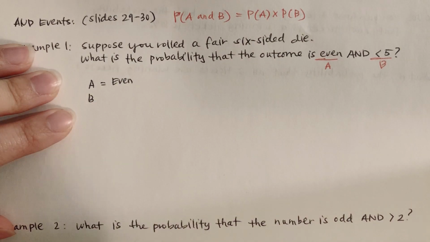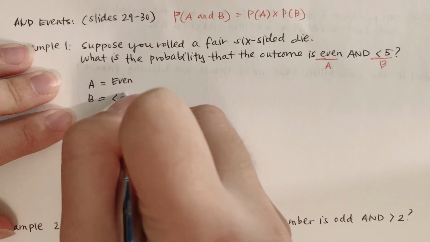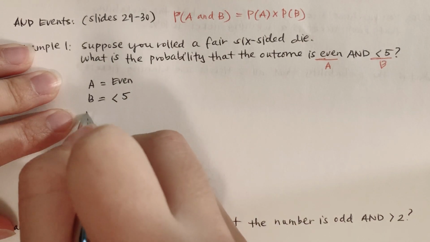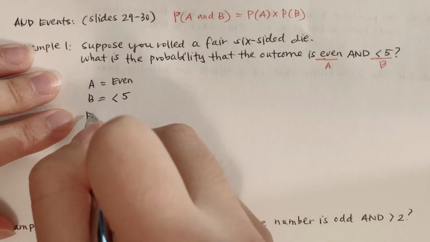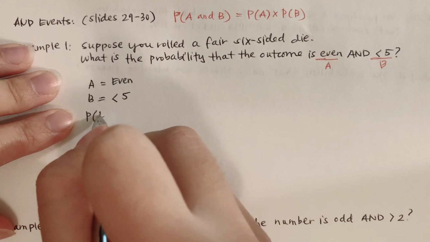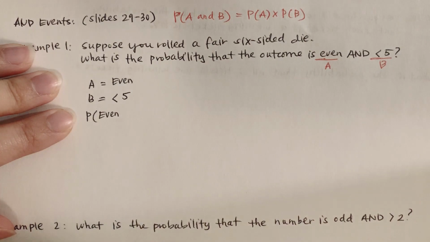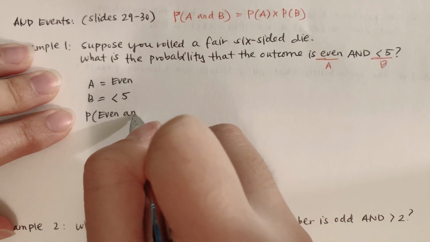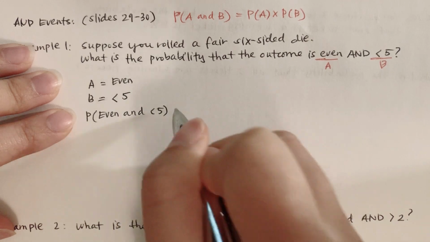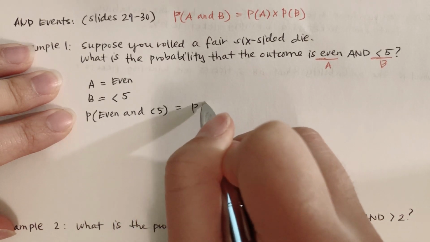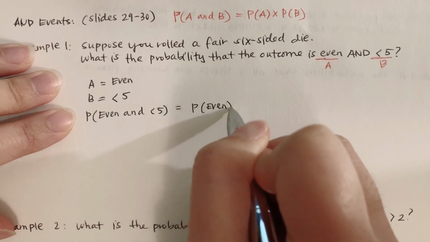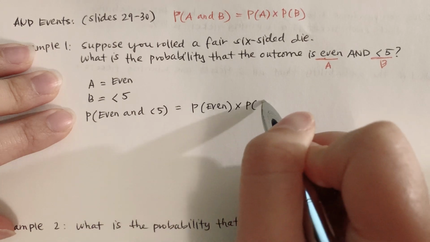Let's call B the event that the number is less than 5. Then plugging in what A and B are, probability of A, which is probability of even, and B, which is less than 5, that's going to be equal to probability of even times probability of being less than 5.